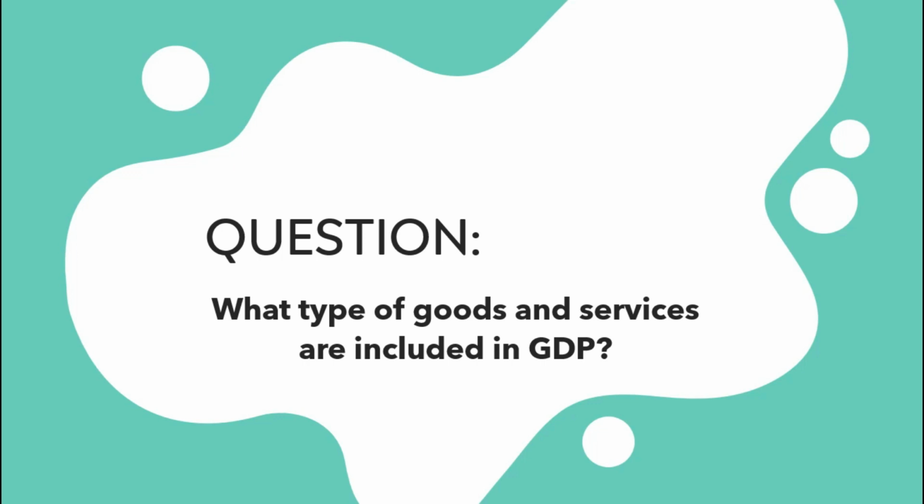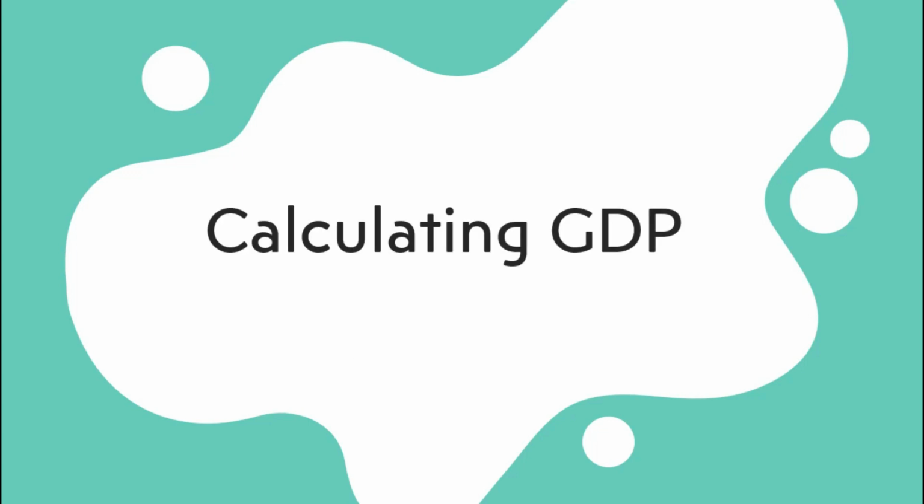So, 5, 4, 3, 2, 1. The type of goods and services nga included sa GDP class is called final goods or services.